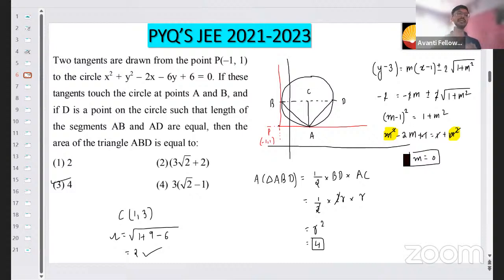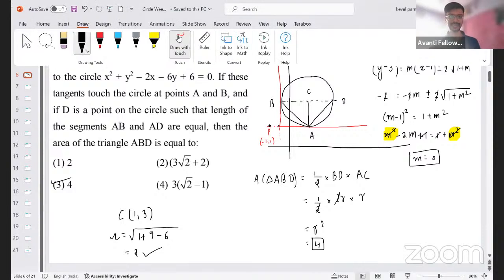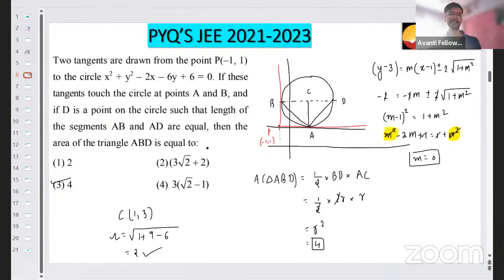That's why we cannot get the answer of m. So if m is equal to 0, slope is 0. Slope is 0 means tangent is parallel to x-axis. And the other m, I told you, is not defined. So if slope is not defined, then the tangent is parallel to y-axis.